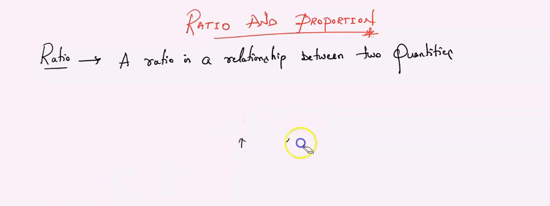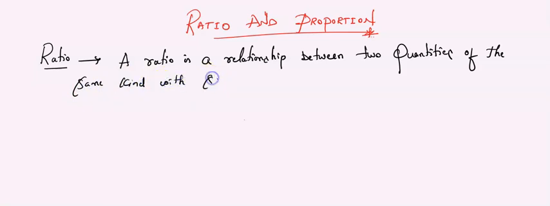No need to worry, I'll be explaining once again. First, let me complete the definition. A ratio is the relationship between two quantities of the same kind, with the same unit. This is a very important point.